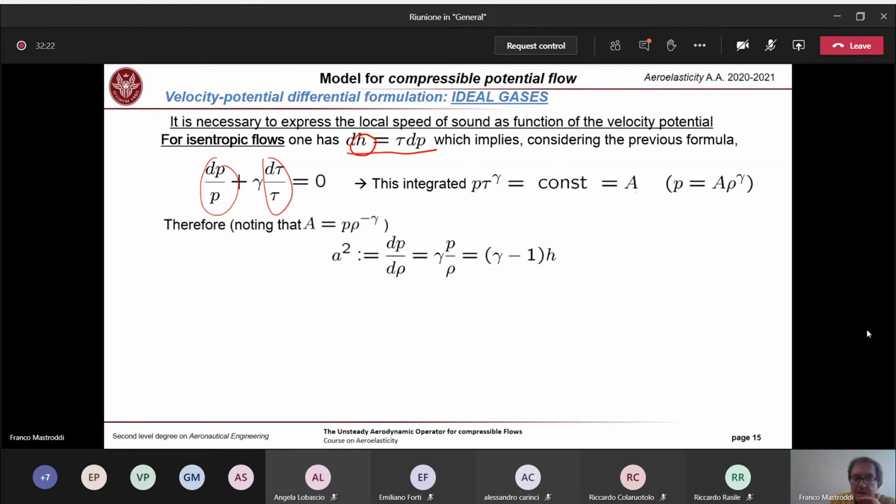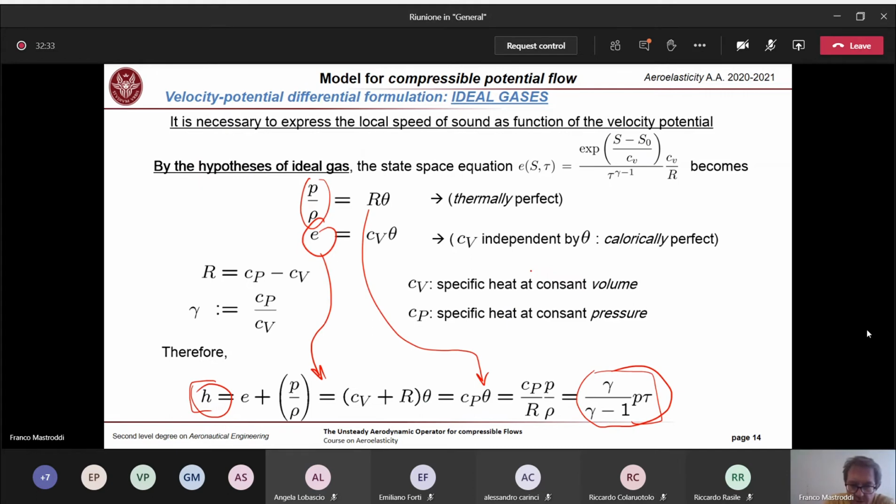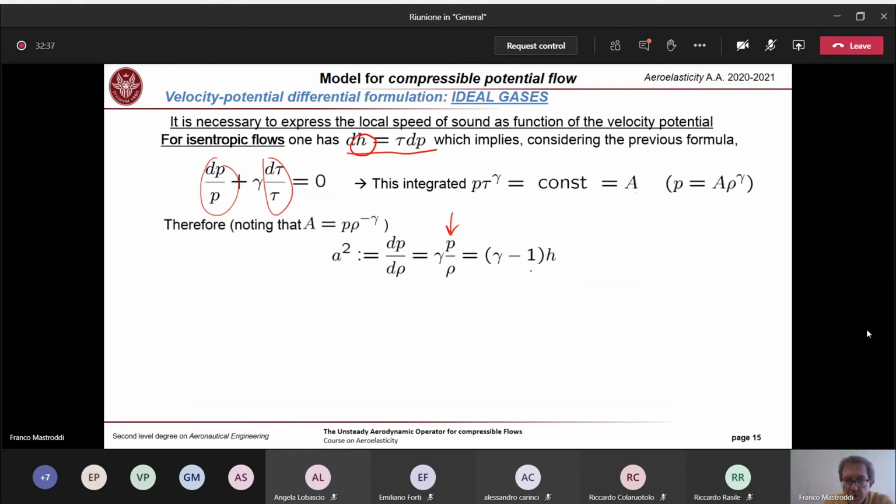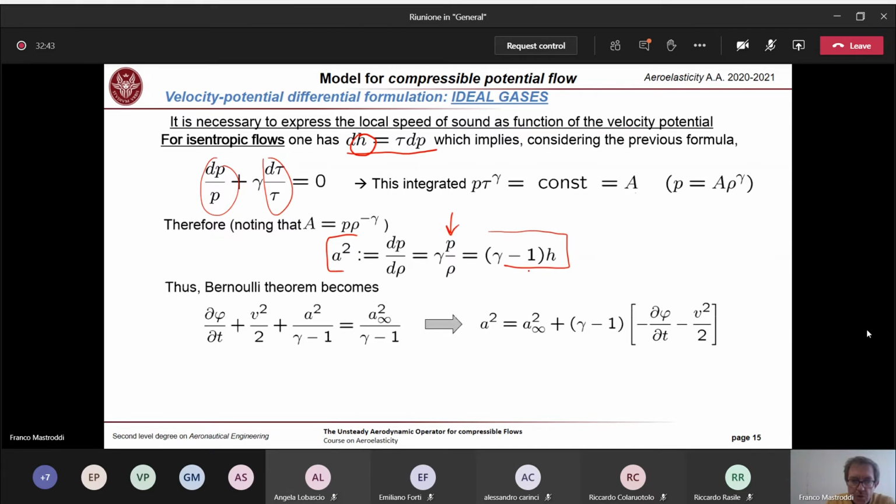So we can take the derivative of p with respect to rho, and we obtain exactly this quantity. So using the previous relationship, we have that this quantity, the square of sound speed, is equal to gamma minus 1 h.